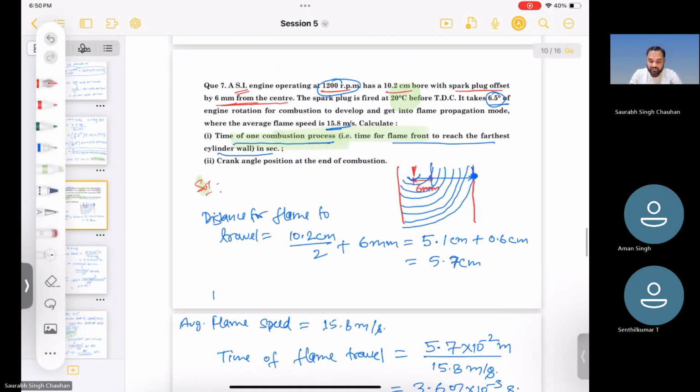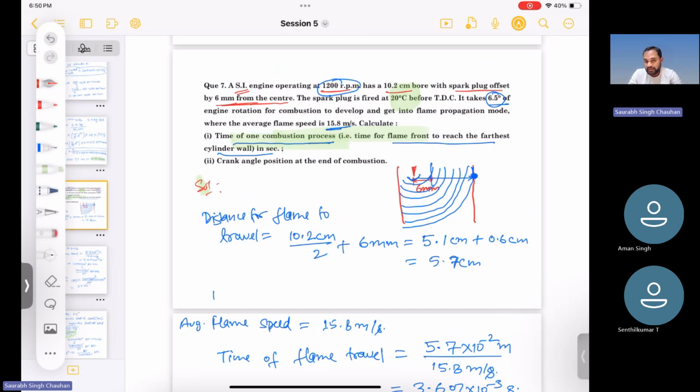Most of the things we are calculating in terms of crank angle degree, right? Why? Because if you calculate these parameters in time, seconds, then at higher speeds there will be less time for any process, and for lower speed, time will be more.